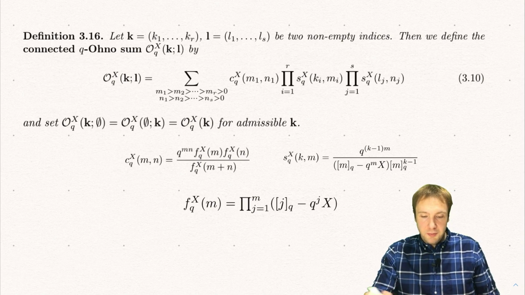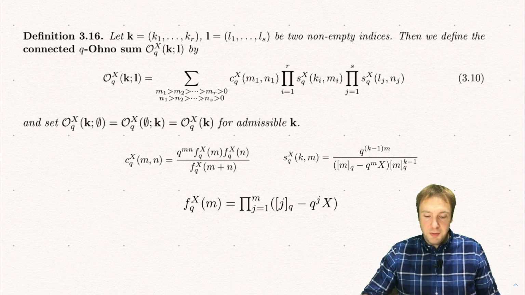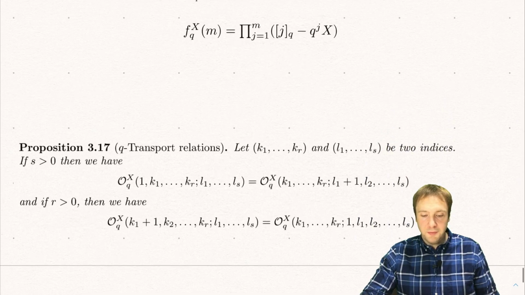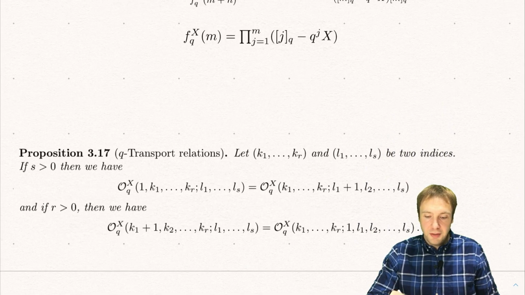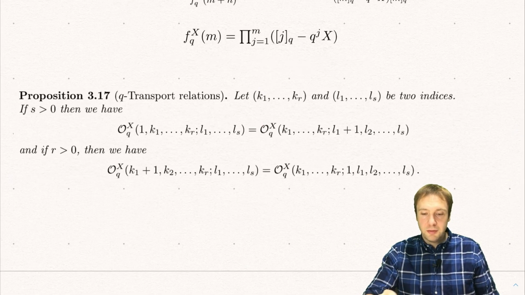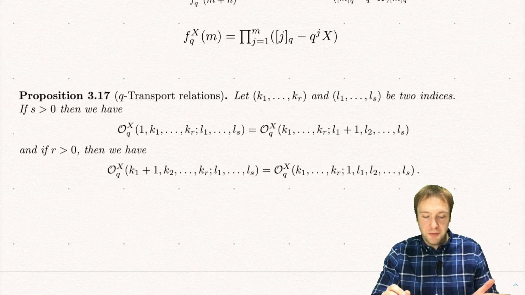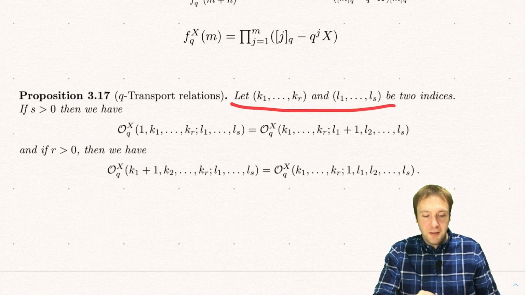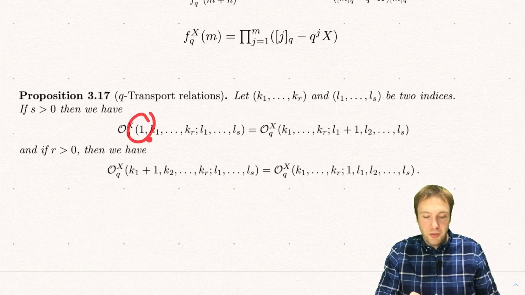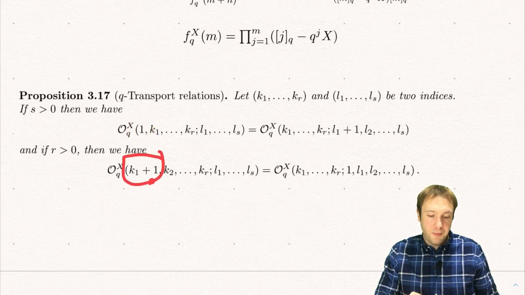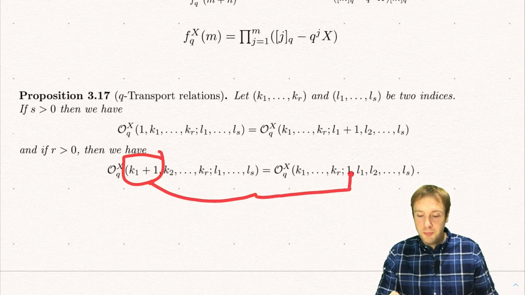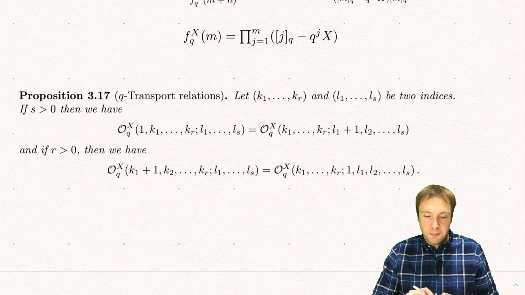So this is the Ohno sum, and now the statement is they satisfy the transport relations, which are exactly the same transport relations. So if we have an index, the second one is not empty, I can transport the one from the left to the right, and if I have something starting with some index greater or equal to 2, I can split off the 1 and put it here in front.